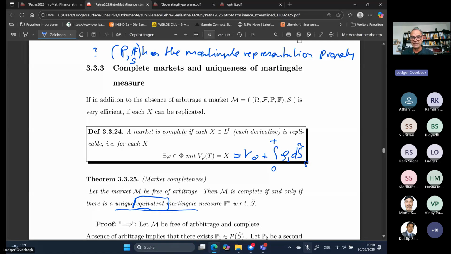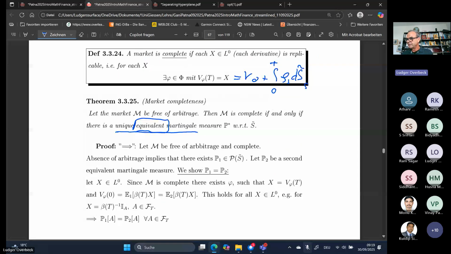If you have two, you have many, because each convex combination of two will also give you a martingale measure. So the analysis of the space of martingale measures is somehow in the background of this abstract type of mathematical finance, put like this.